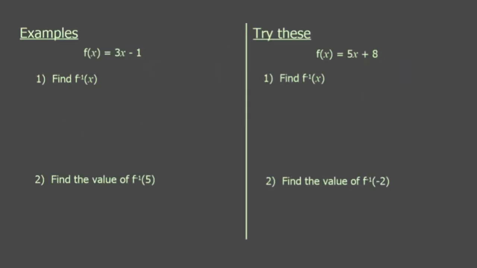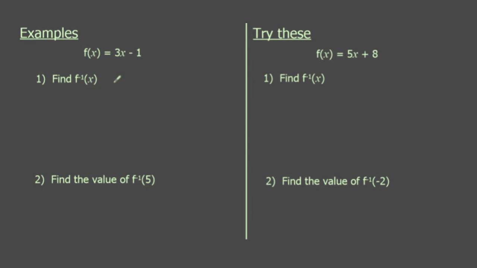Let us have a look at an example of this. So we have f of x equals 3x minus 1, and we want to find f inverse of x, the inverse function, the function that does the opposite things to f.